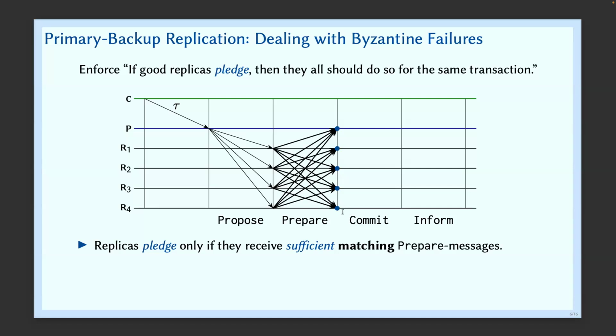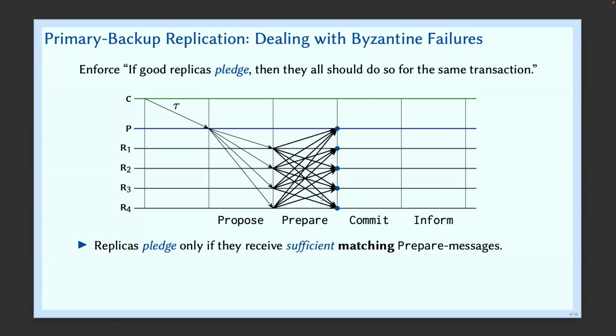So at this point, R4 knows that the primary didn't lie, or at least didn't lie to the extent that was detectable. It could have lied, but maybe only to a small portion.